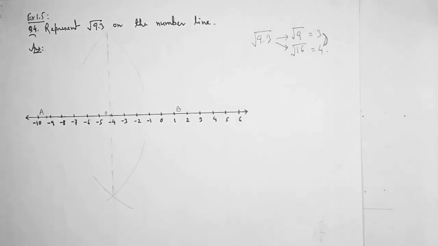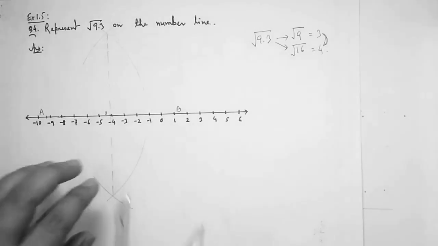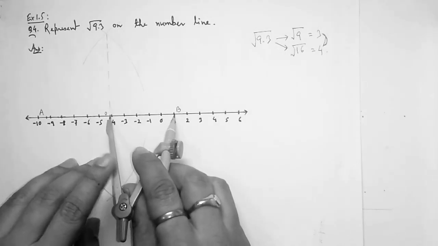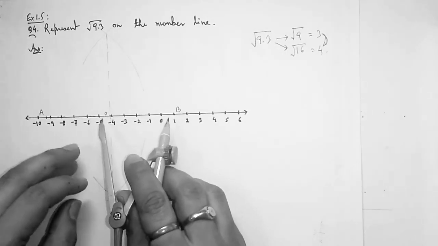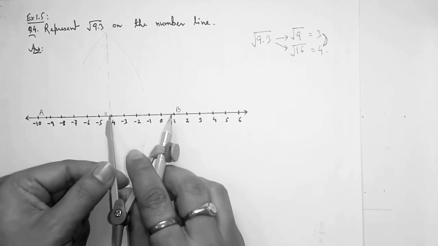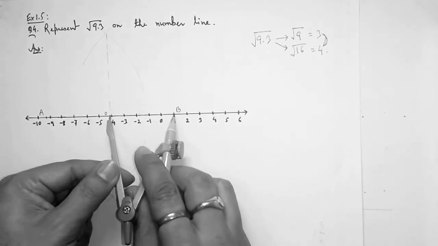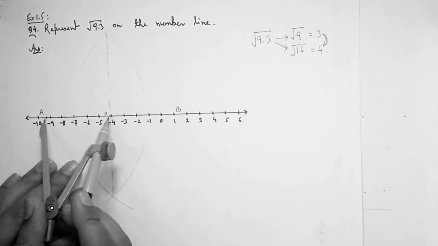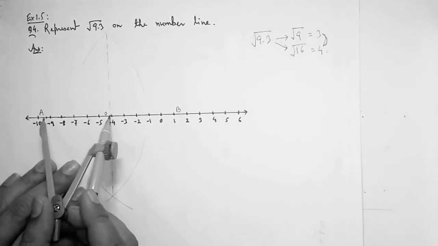The next step is we have to take O as the center and OB as radius and complete a semicircle. You see here I have taken O as the center and OB as the radius, and I am going to complete the semicircle. On the other side also, O is the center and OA is the radius.